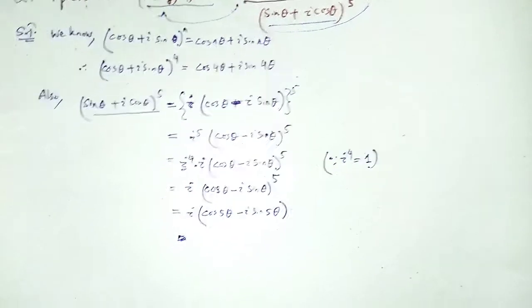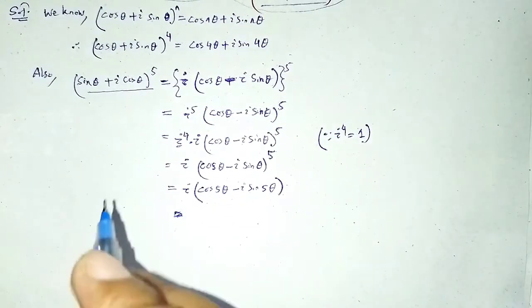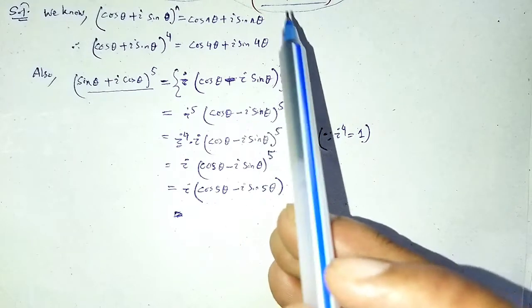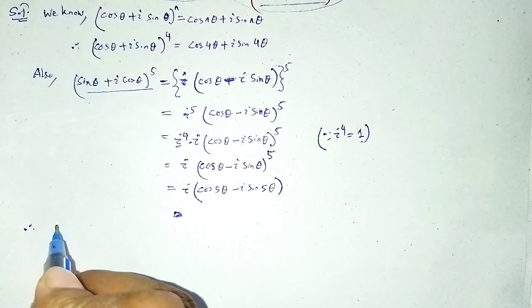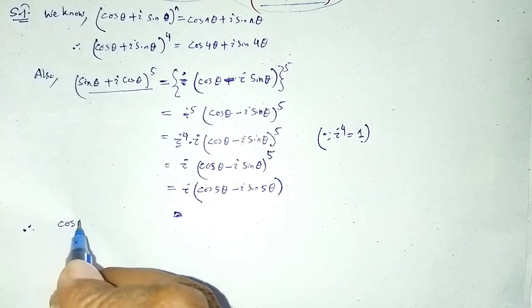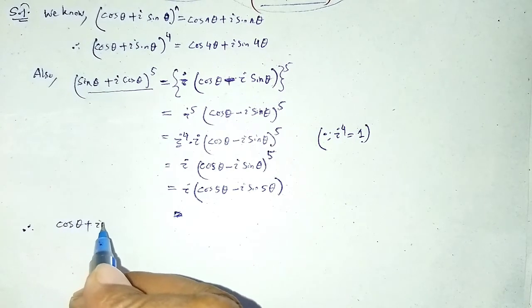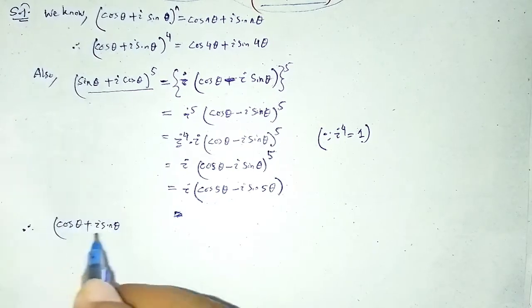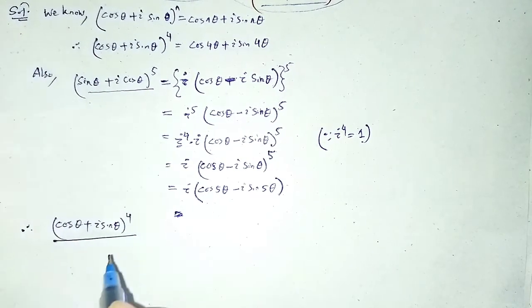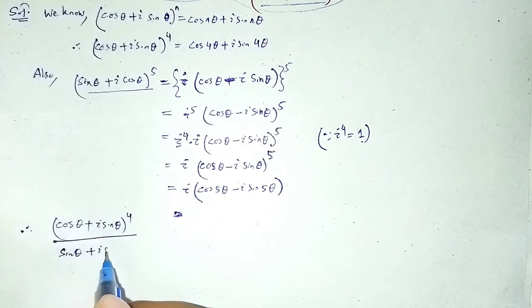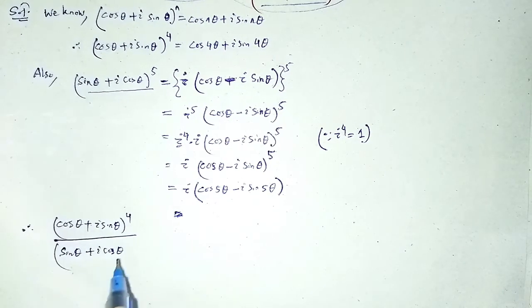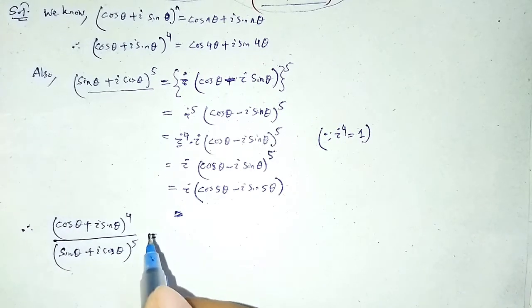Therefore, we have to evaluate (cos theta plus i sin theta) to the power fourth divided by (sin theta plus i cos theta) to the power fifth.